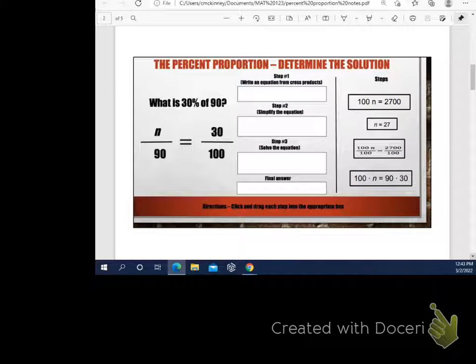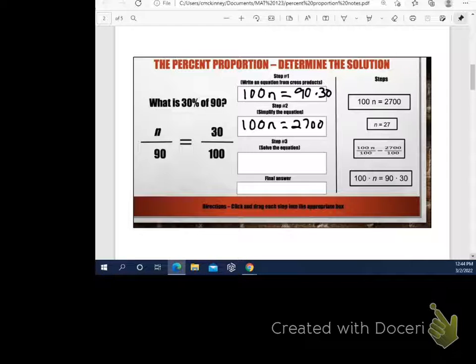And then this actually, basically, I just did it on the other screen. Sorry about that. Not so familiar with these problems, so I jumped the gun a little bit. So if we write an equation from the cross products, this would just be where we have our 100n is equal to 90 times 30. So 100n is 2700.